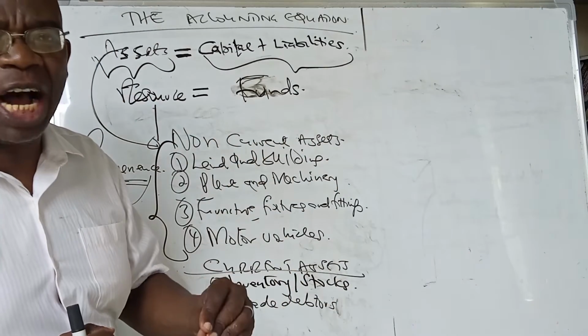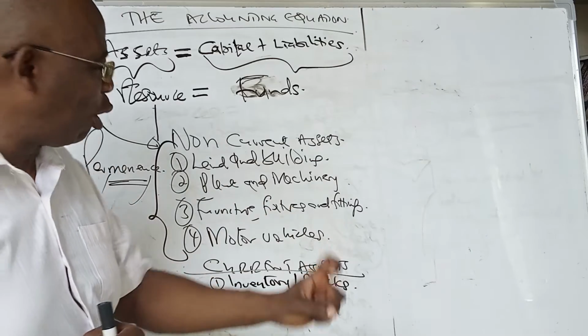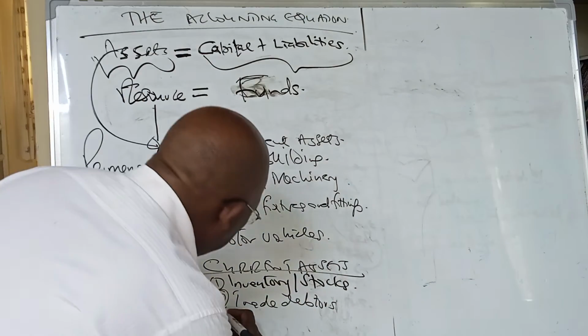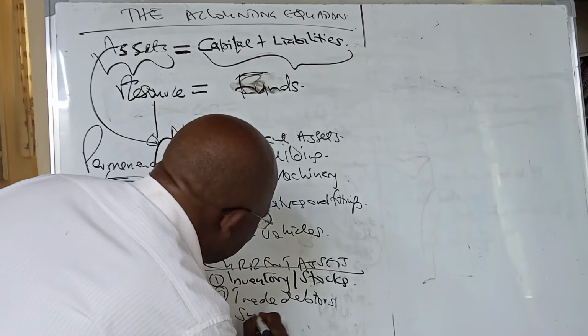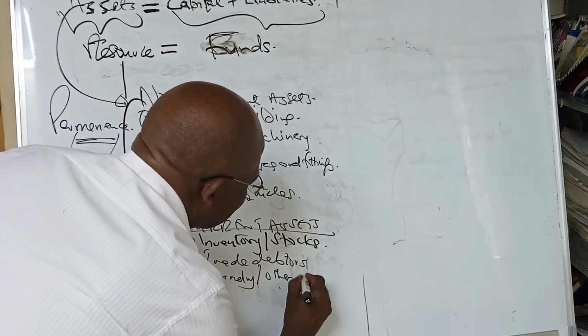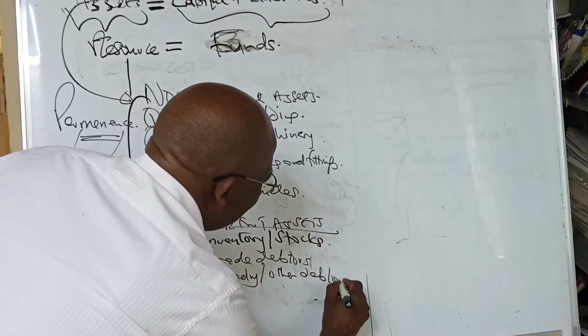The amount they owe us is what we call trade debtors. Then we also talk about sundry, all other debtors.